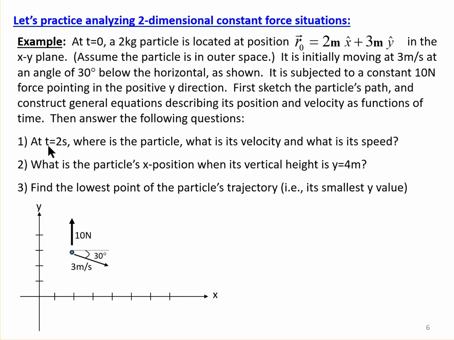The first question is, at time t equals 2 seconds, where's the particle going to be? What is its velocity and what is its speed? Next, we might want to know, what is the particle's x position when its vertical height reaches 4 meters? And the third thing we might want to know is, what is the lowest point on this particle's trajectory.